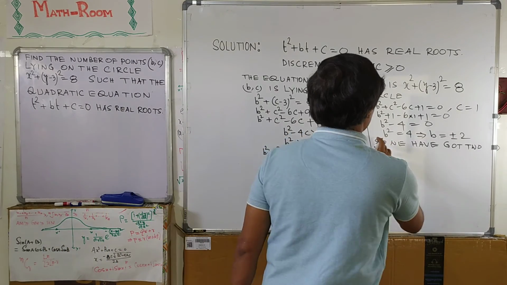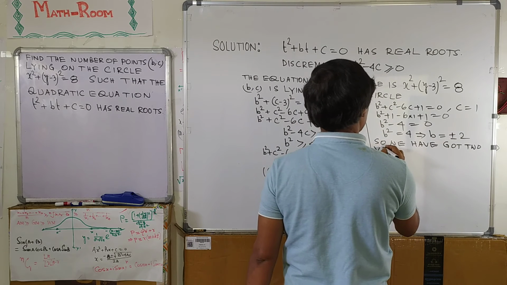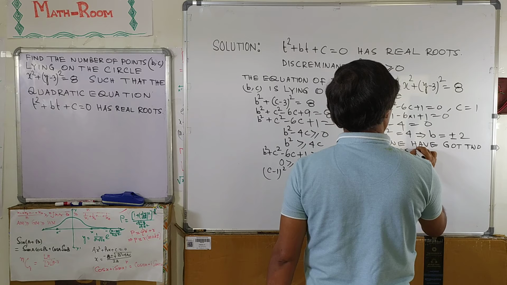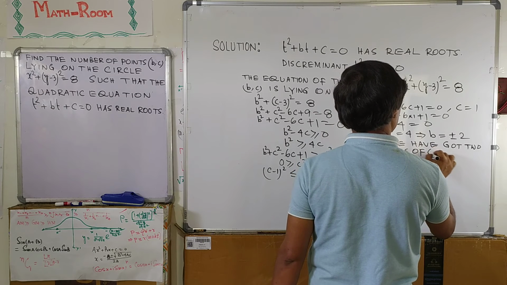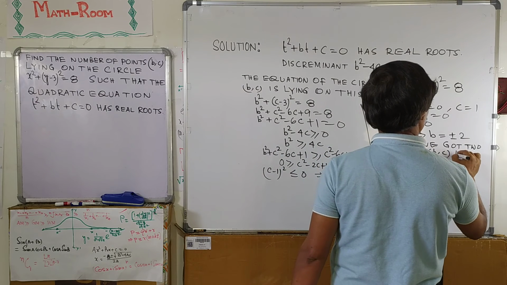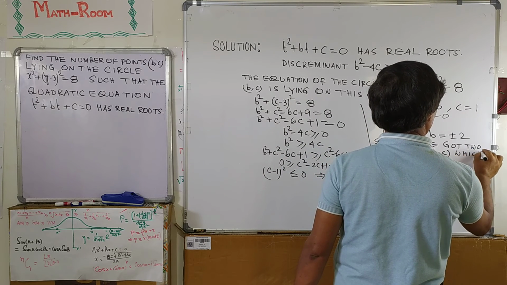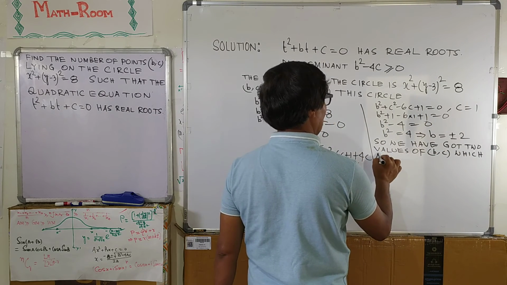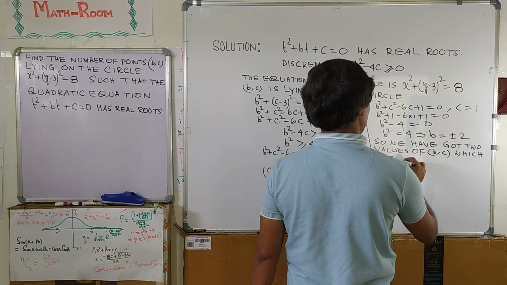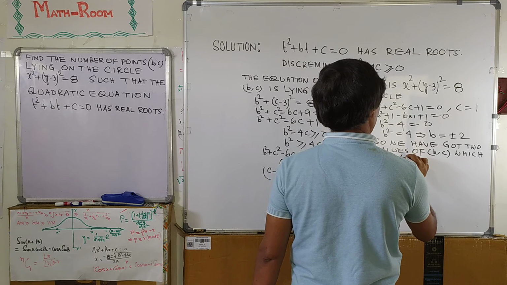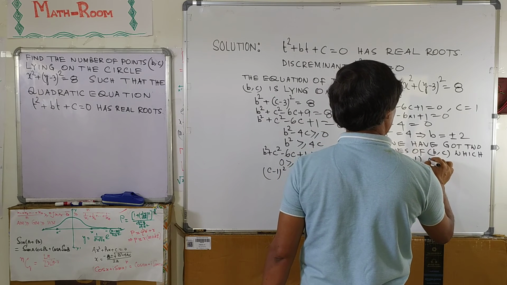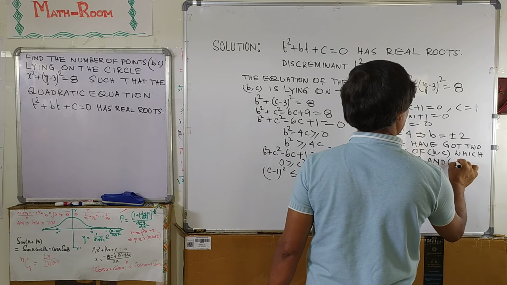The two points are (2, 1) and (minus 2, 1).